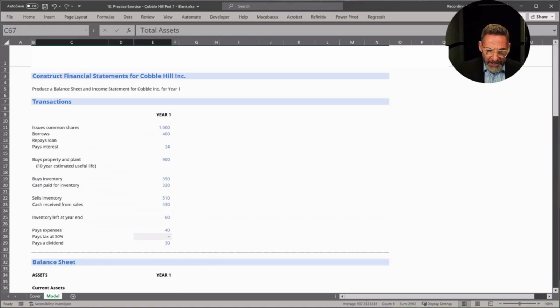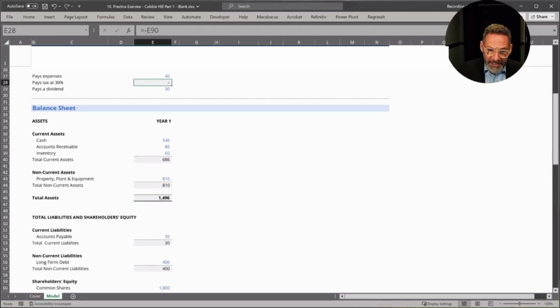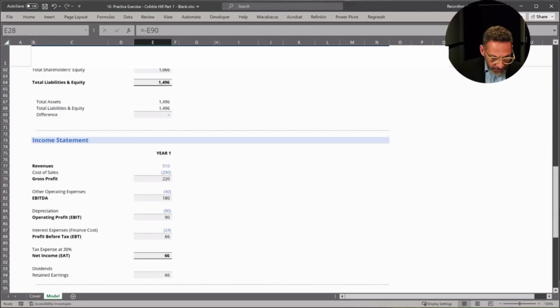Now, we're paying tax at 30%. So what I've done here is I've linked it to E90. It's because we're going to just use a formula here. We're going to go equals minus, because we want it as an expense or a negative sign, profit before tax or earnings before tax times 0.3, which is 30%.